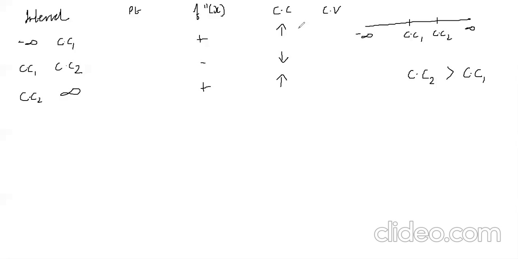Convexity will be the opposite of this; this is concave and this will be convex from the top. So if they are asking for the convexity, the sign is reversed: if it is negative, it will be upwards, and if it is positive, it is downwards. So that's all. We have also found the interval of concavity, and if they ask for convexity, we can change the direction and find the convexity.